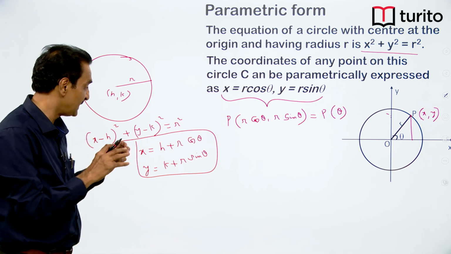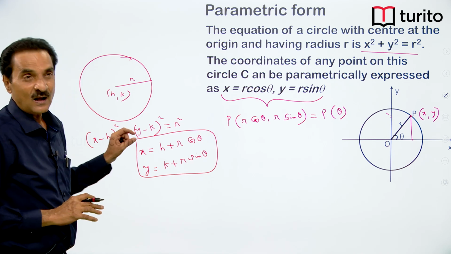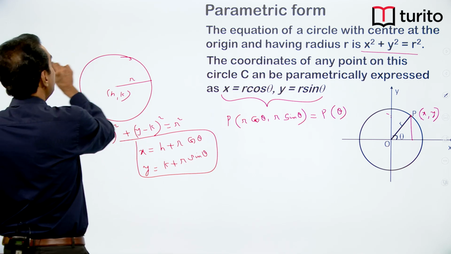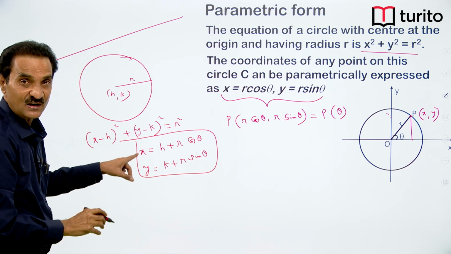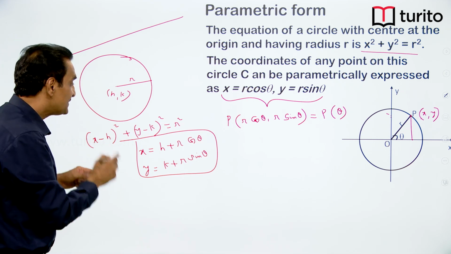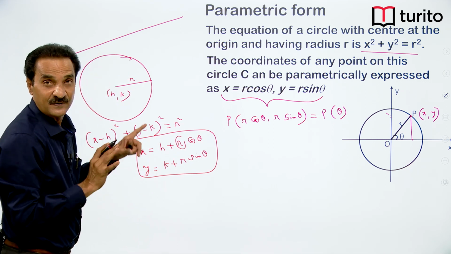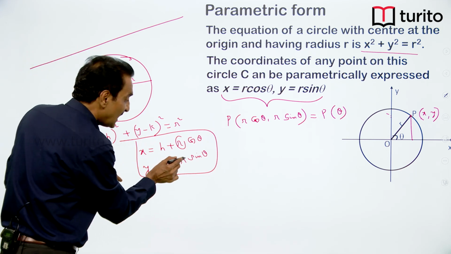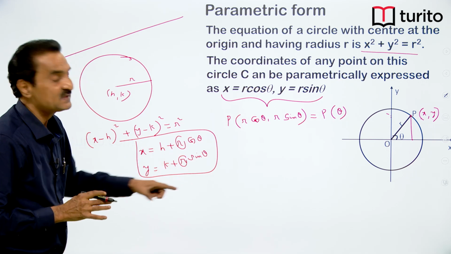Why I am explaining this point is, the parametric equations of a straight line are also same equations. What is the difference? In straight line, r is the parameter, h, k and theta are fixed. This r is the parameter. In circle, theta is a parameter.